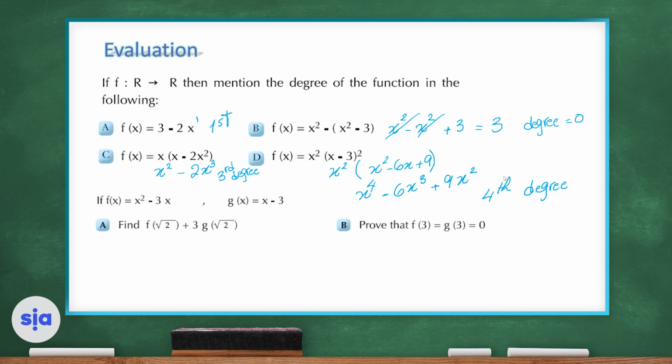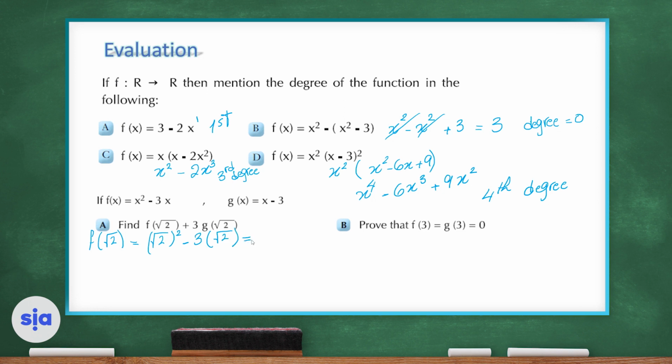The next question, the question is asking us to find f of square root of 2 plus 3g of the square root of 2. The functions f and g are written above. So here, in this one, we'll first find f of square root of 2 separately. It's equal to square root of 2 all squared minus 3 square root of 2.